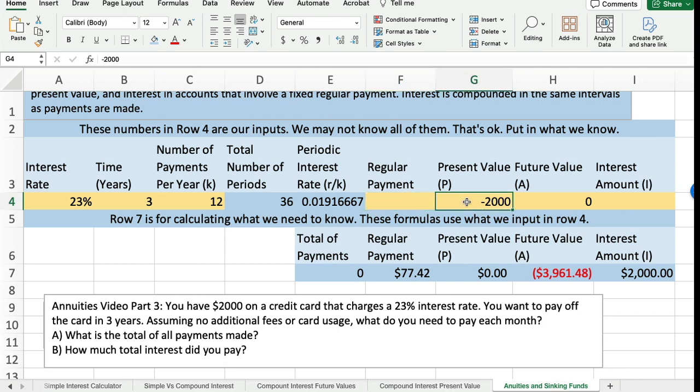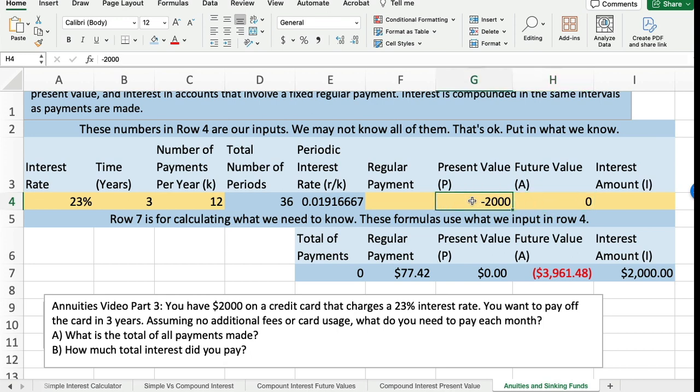And the present value needs to be negative 2,000. The reason for that is that the present value needs to be a value that's less than our future value at all times. You want to think of it as earning interest in order to get to a point where your future value is reached.